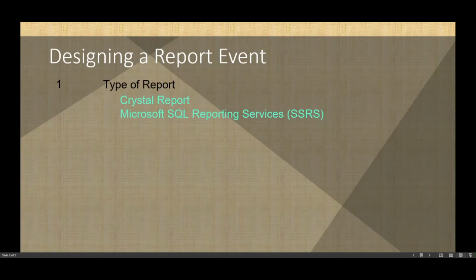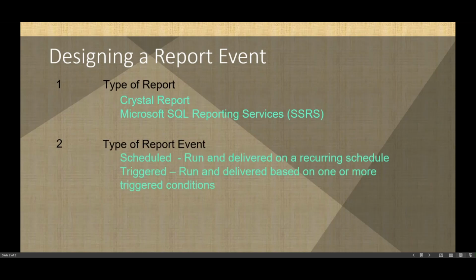So those are the two main types of report tools whose output would be supported in the Alert and Automation tool. The other thing to think about is what kind of event it is going to be regarding a report. Is it going to be a scheduled report or a triggered report?